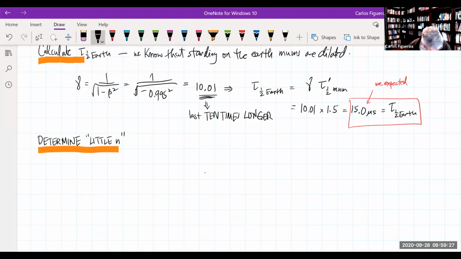So remember, this is the number of half-lives, and this is going to tell me how much time it took the muons to travel from the top of Mount Washington to the base, and this is the number of half-lives measured relative to Earth.